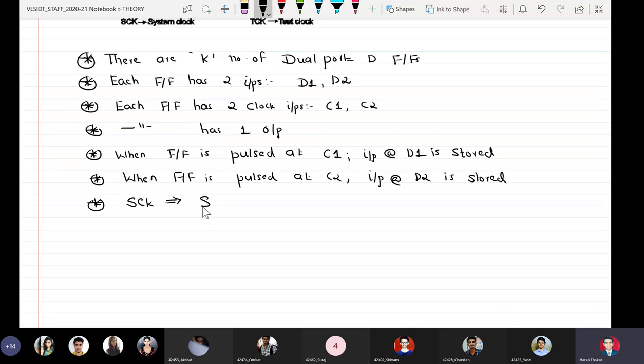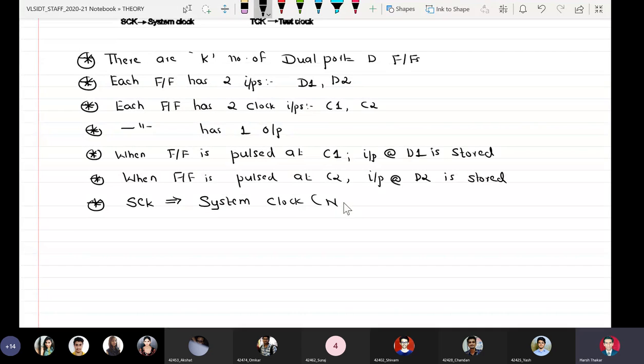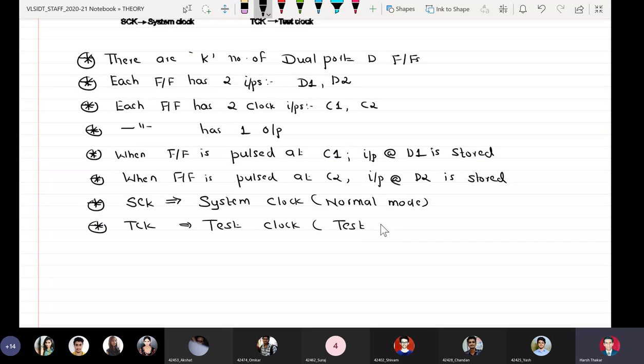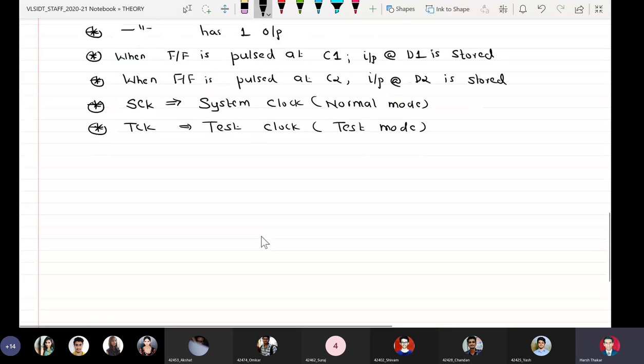SCK is the system clock for normal mode. TCK is the test clock for test mode. Combinational logic.